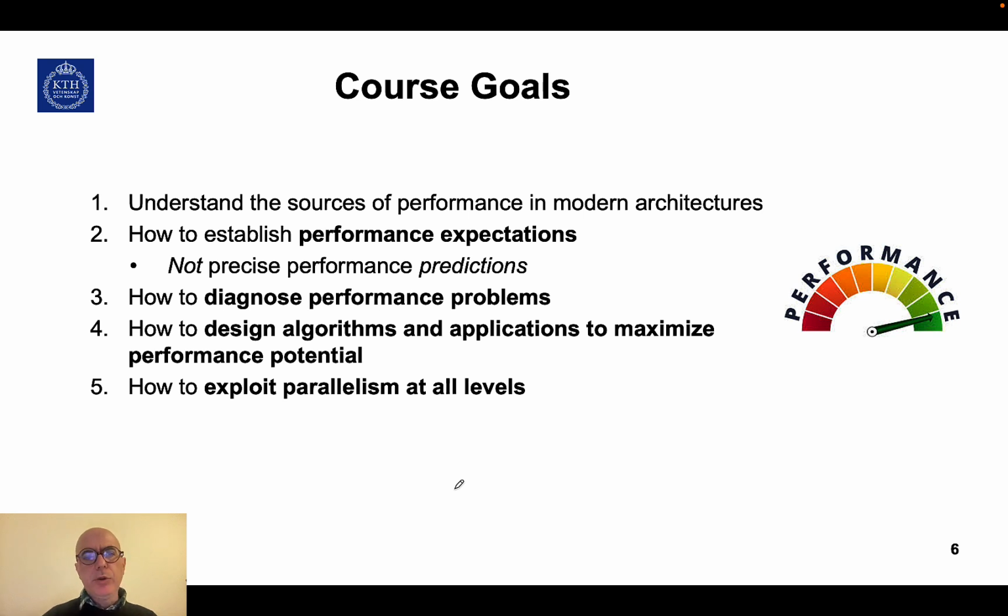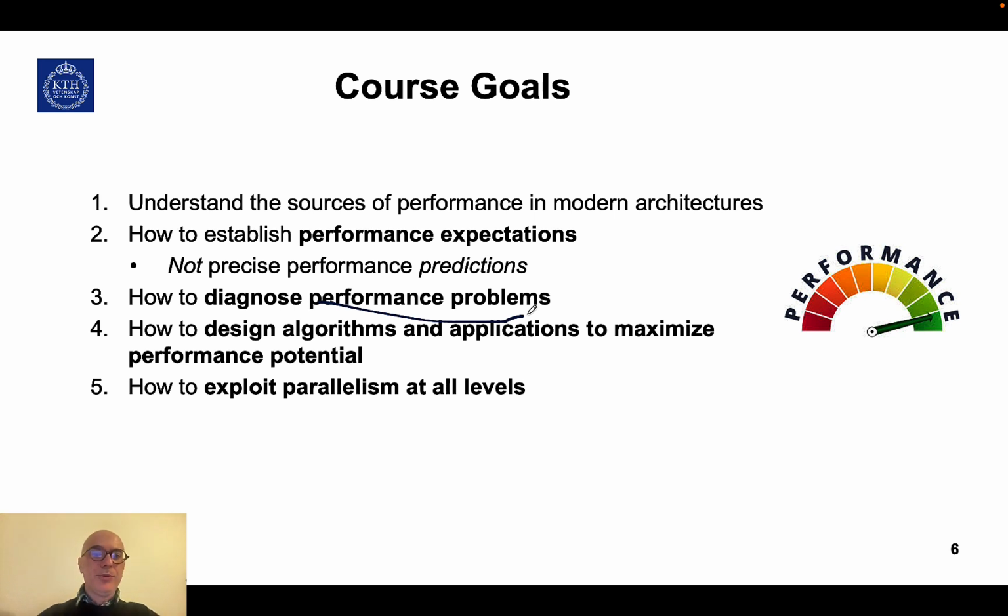So we will be able to diagnose performance problems, understand where the performance bottleneck is, and try to address it. We want to design algorithms and applications to maximize the performance potential that we have in a given algorithm. And finally, we want to exploit parallelism at all levels, so at the processor level, at the compute node level, and at the supercomputer level.